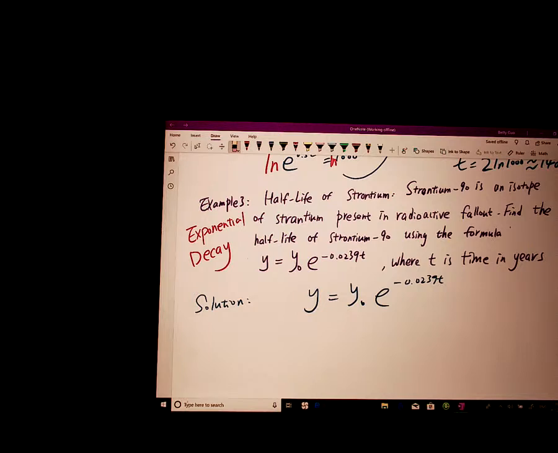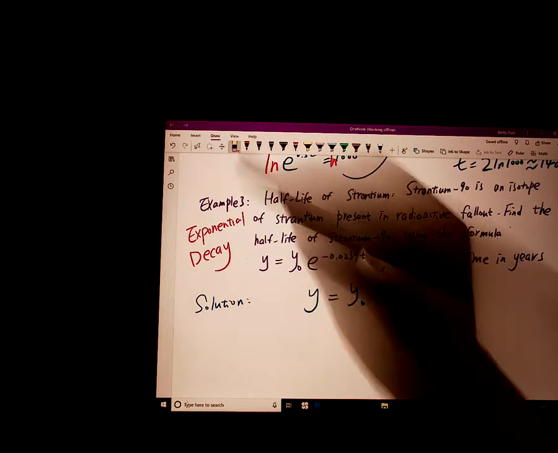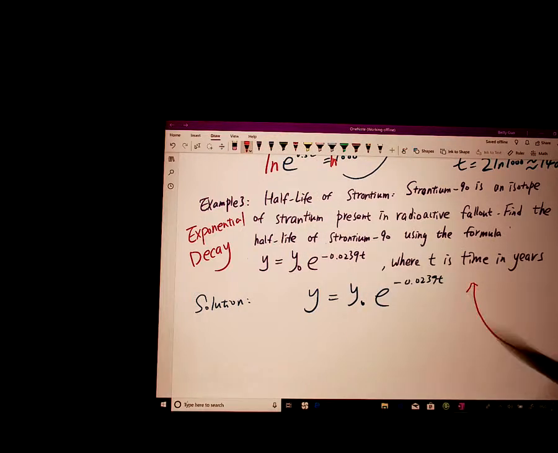We are looking for half-life. What is half-life, by the way? Exponential decay looks this way, right? We have this curve from the beginning of this chapter. Half-life is the time it takes the substance to lose half of its weight.